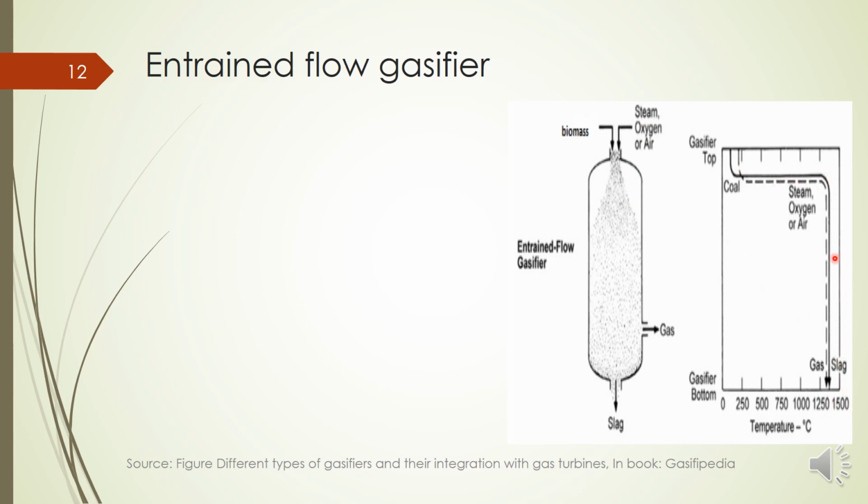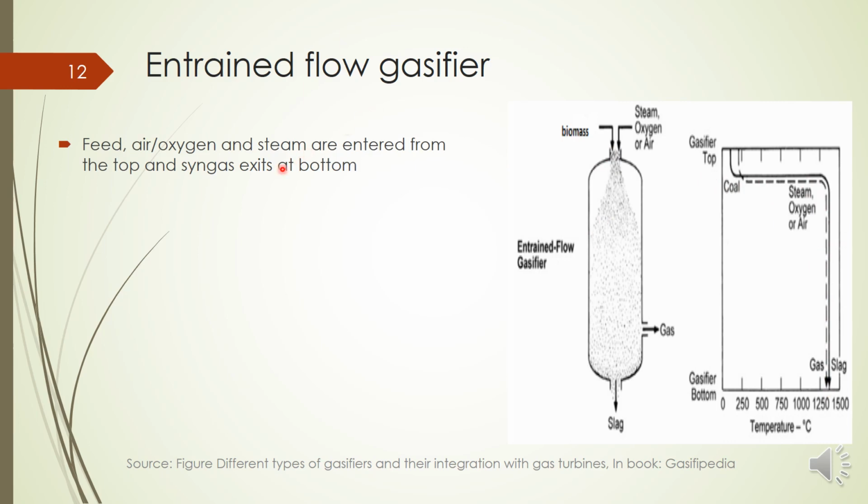A fluidized bed gasifier operates around 600 to 900 degrees, but here the temperature is around 1400. This operates at higher temperature. In entrained flow gasifiers, the main difference is that the feed as well as the oxygen or steam enter from the top, and syngas exits from the bottom. So that is the difference here.